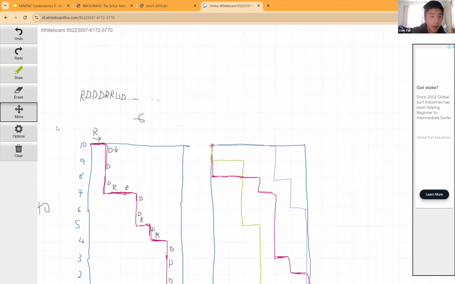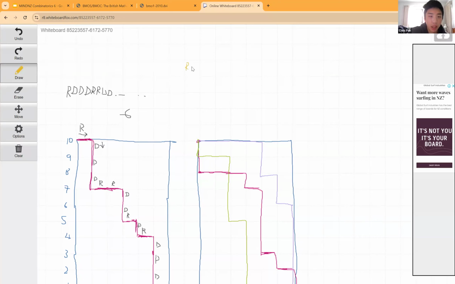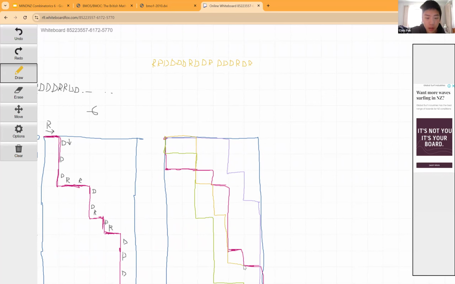If I just randomly write down a sequence of 6 R's and 10 D's, R, R, D, D, D, D, R, D, D, R, and so on, and I follow it: right, right, down, down, down, right, down, down, right, down, down, down, right, down, right.